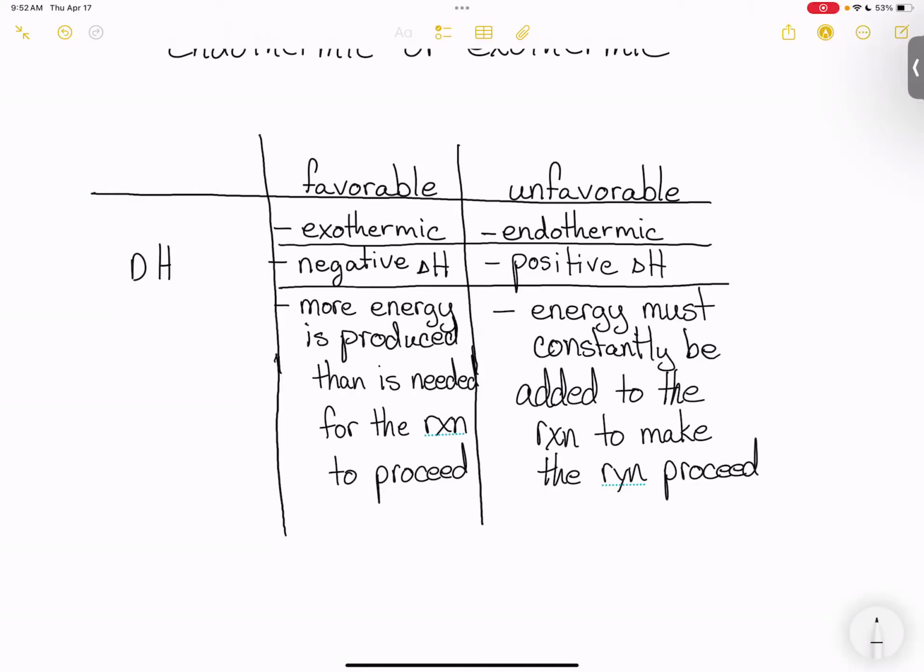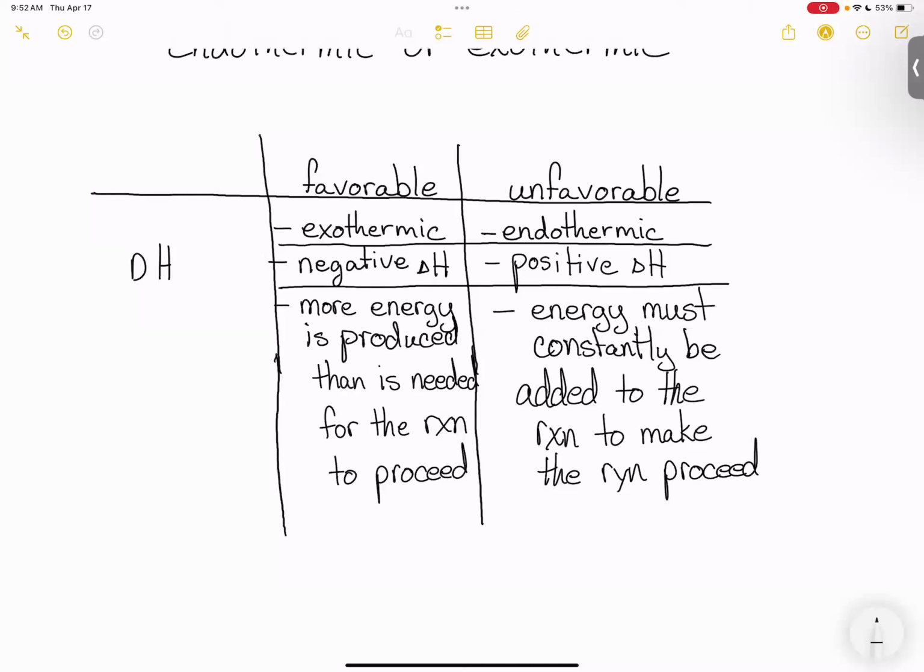Even if we take a long row of firecrackers, once you give them a light, they tend to go. That's an exothermic process. An endothermic process would mean that I would have to constantly be standing there with the lighter until it explodes.